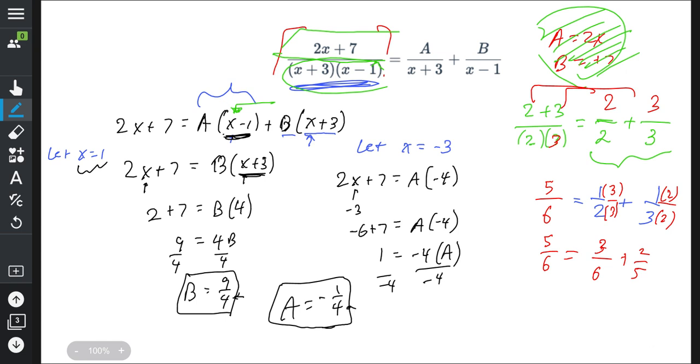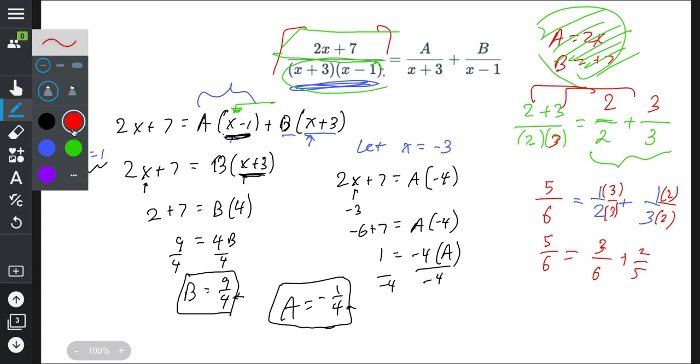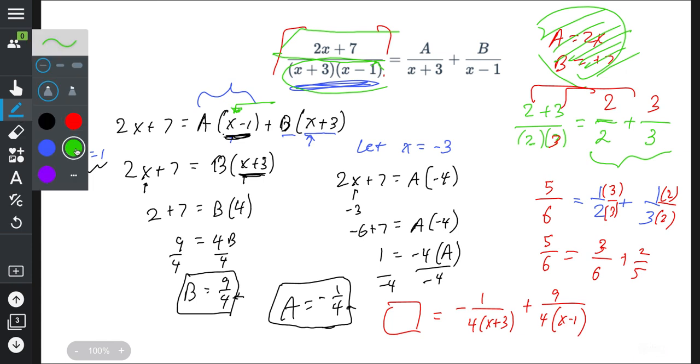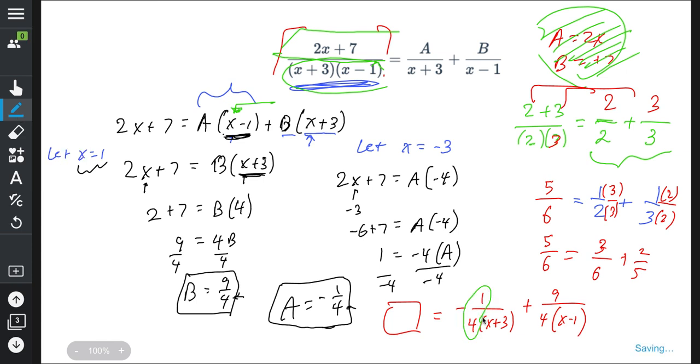So A is -1/4. Our answer is that single term is decomposed into -1/4, and here's that original partial denominator, plus 9/4, and here's the other part of the denominator. So our A is this. Oops, should include that sign. And our B is this.